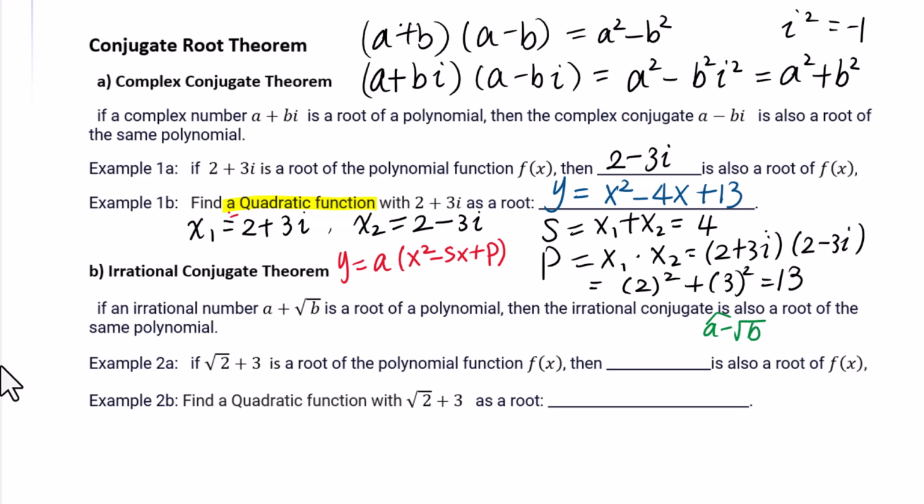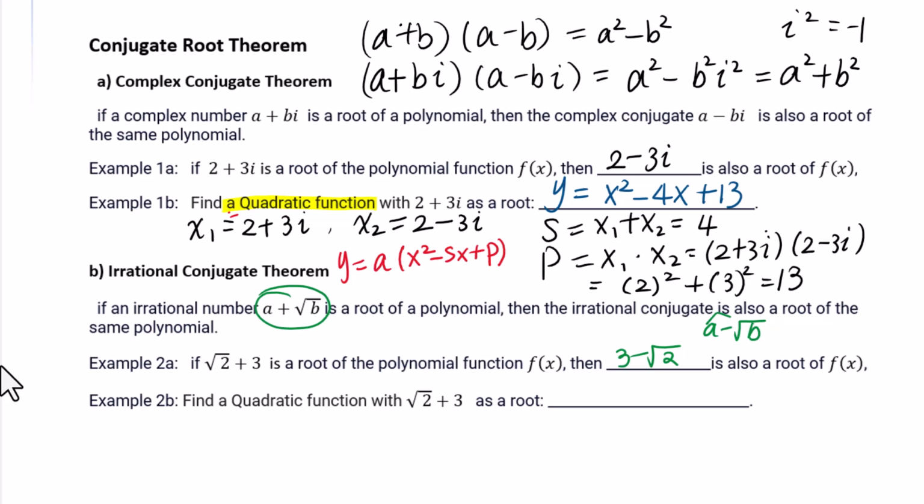For example, if square root of 2 plus 3 is a root of a polynomial function f of x, then 3 minus square root of 2 is also a root of f of x. Do not write down square root of 2 minus 3 as a root. Make sure it's a plus square root of b and a minus square root of b form.